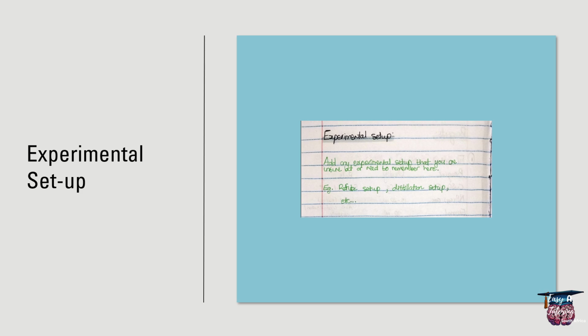Now, our experimental setup. This isn't always necessary, but I like to add it because if it's something, for example, you're just heating your reagents together, you know, that's quite simple. You don't need to see an image of it to make sure that you're doing it correctly.